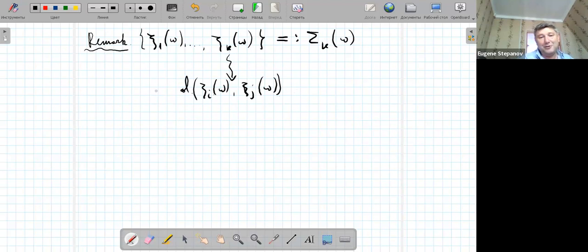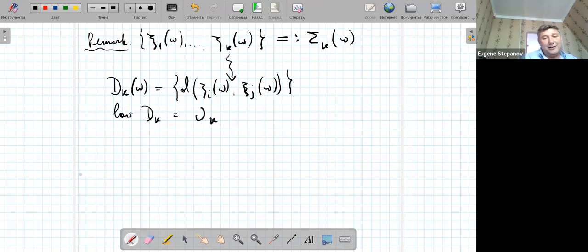Let me call this D_k(omega). Now the law of this D_k, let me call it nu_k, and knowing the sequence of all nu_k, so knowing nu_2, nu_3, etc., nu_k, the whole sequence, is the same as knowing this measure nu on the infinite distance matrices.